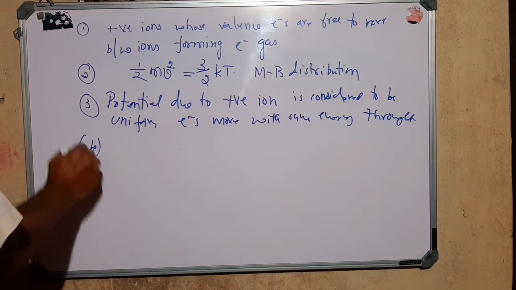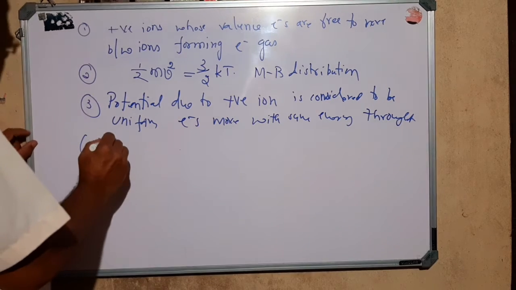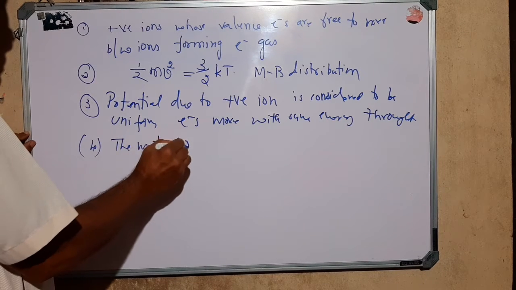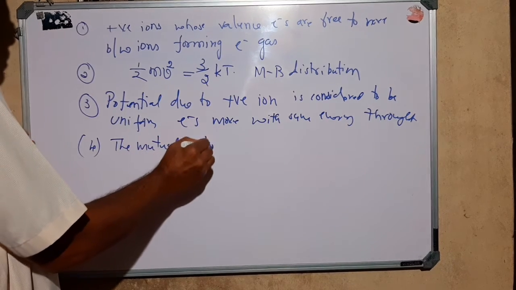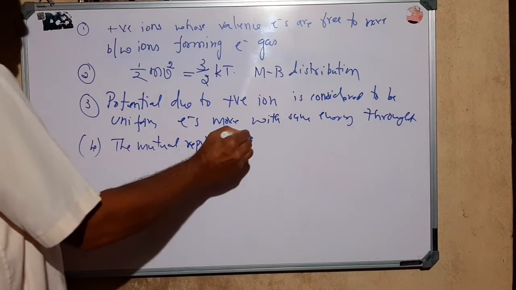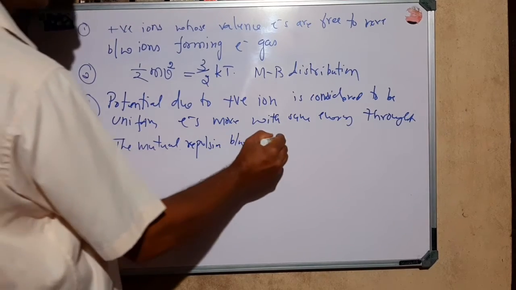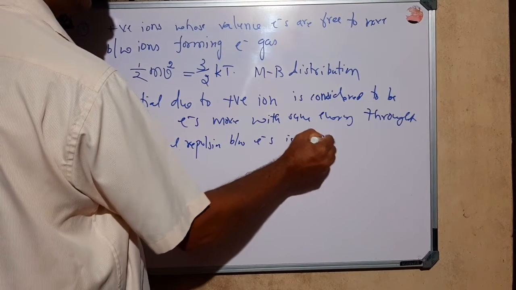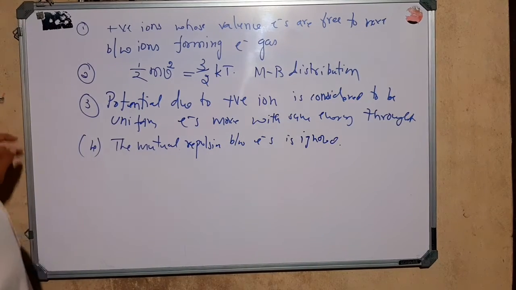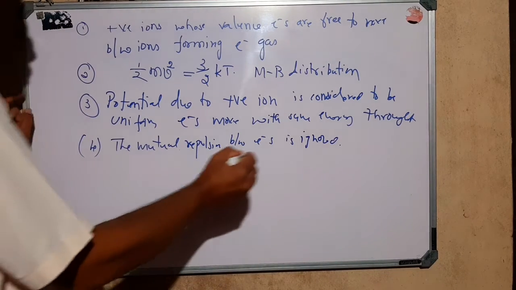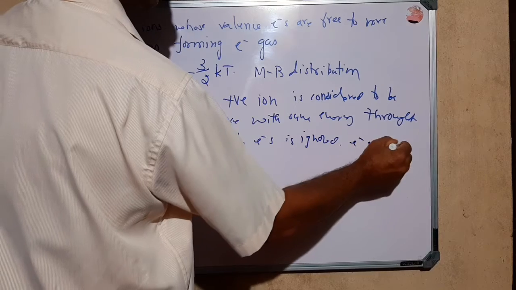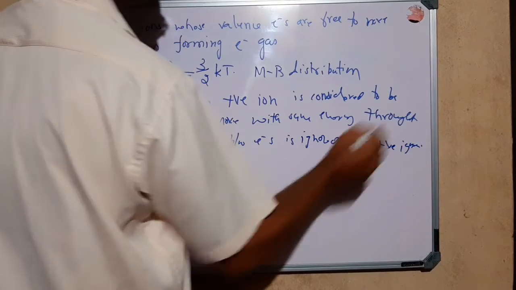Fourth one, the mutual repulsion between electrons is ignored, and also the collision between electron and positive ion is ignored.